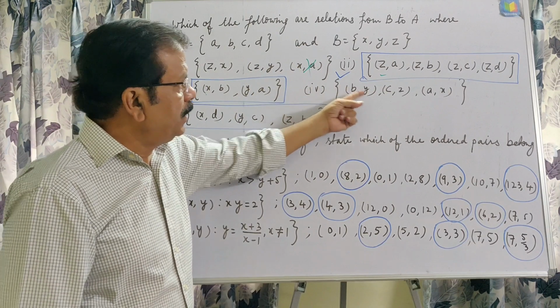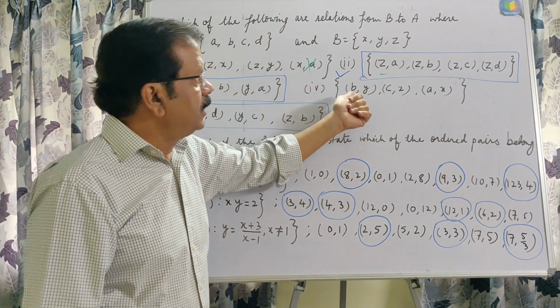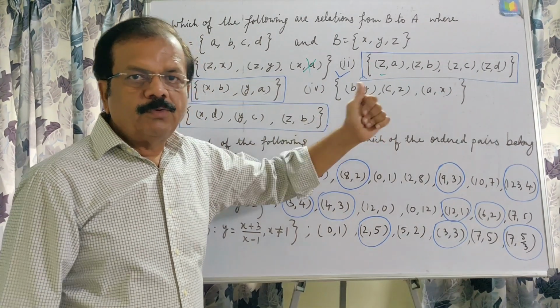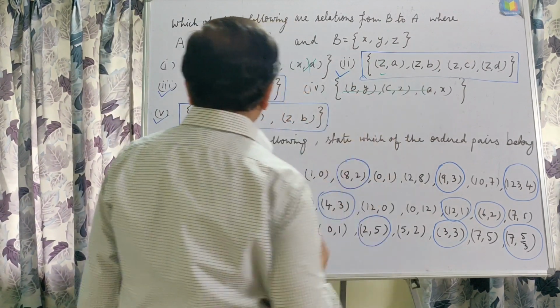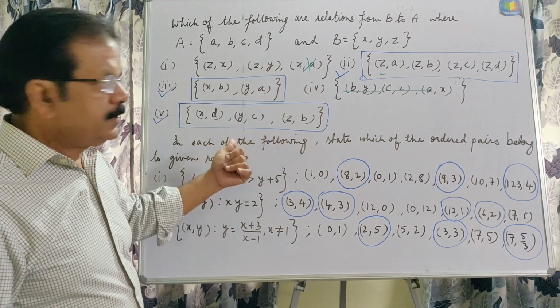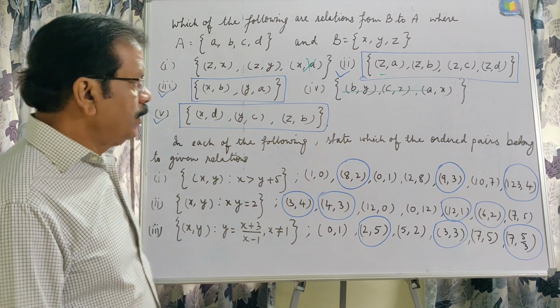In this one, B, C, A, this is from A, so this is not a relation from B to A, it is a relation from A to B, and so it will not be taken. Now the fifth one, X, Y, Z from B, correct, and D, C, B from A, this is also correct.